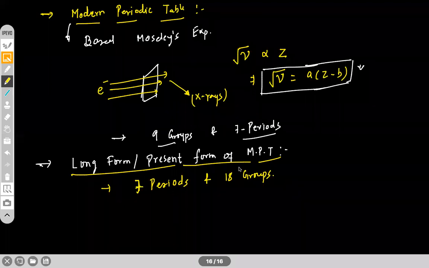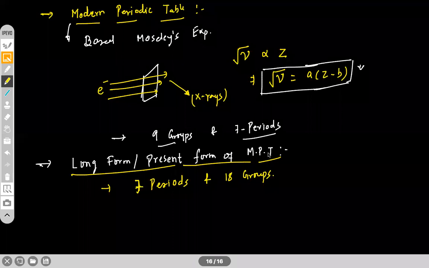Okay. So we had discussed the various theories for the development of the periodic table. So the long form, the present form of the modern periodic table, has 7 periods and 18 groups. Correct?